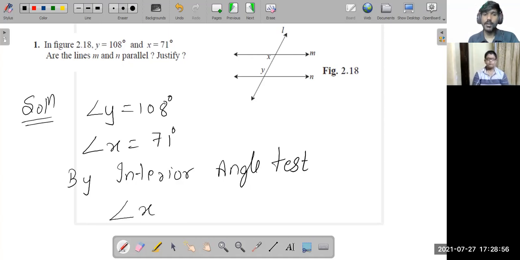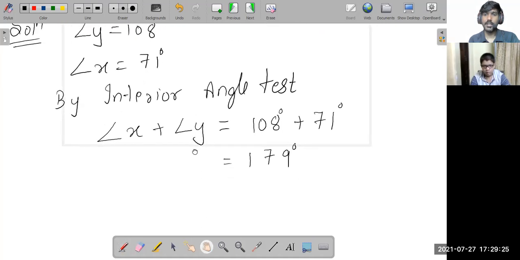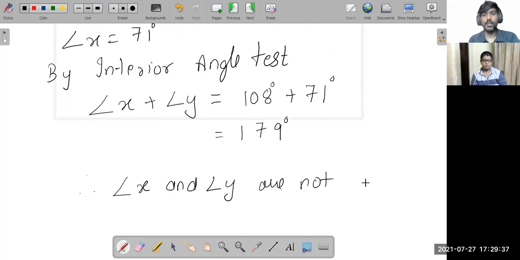So you have to add the interior angles. Angle X plus angle Y will be 108 degrees plus 71 degrees. How much is 108 plus 71? 179 degrees. So is it supplementary? No, it is not. So we'll say angle X and angle Y are not supplementary.